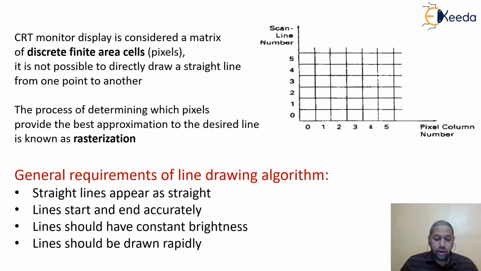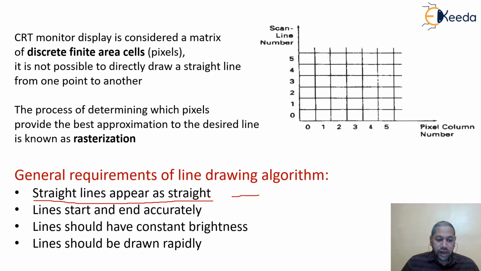Whenever I write an algorithm or program for line drawing, the first and obvious thing we want is that straight lines appear as straight. Otherwise you may find that the line I am drawing is not exactly straight. So my first requirement is that straight lines appear as straight.